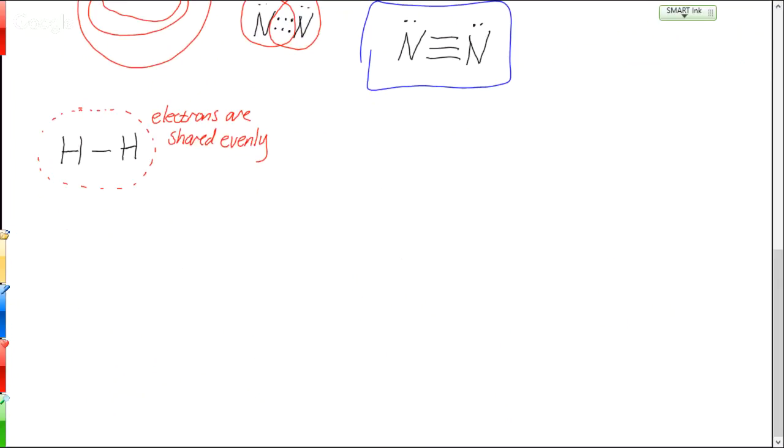So for example, if we looked at HCl, I'm going to get rid of the extra electrons there, even though they exist, I'm not going to show them here because I don't want it to confuse the issue. If we look at where the electrons are in that same two-electron bond between H and Cl, instead of being shared evenly, they're actually pulled more toward the chlorine.